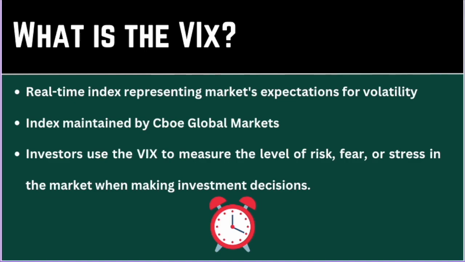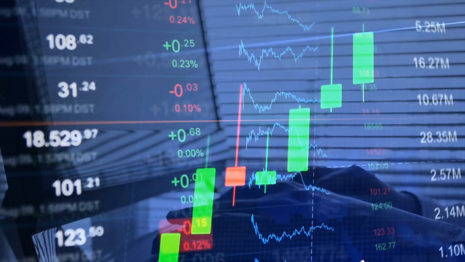VIX is the real-time market index representing the market's expectations for volatility over the next 30 days. It comes from the Chicago Board Options Exchange's Volatility Index. Let's just go over real quick what volatility means again.